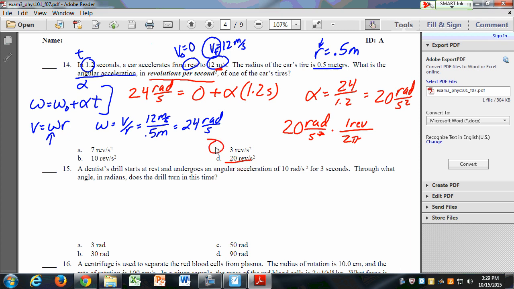So C is the right answer. This is equal to 3 revolutions per second squared. I said 20 divided by 2 pi. But 2 pi is basically 6. It's 6.28 or whatever. Okay. Yeah, that's 2 pi. Okay.